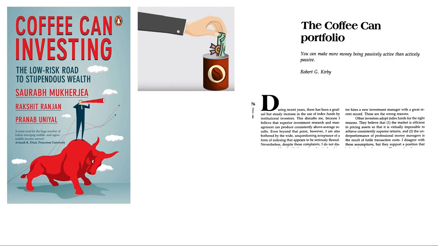You can Google this Coffee Can Portfolio Robert Kirby and you'll get the link to the PDF. But basically, during the 1980s in the US, people used to get physical certificates for stocks that they bought, and people used to hide those certificates in a coffee can and forget about it.